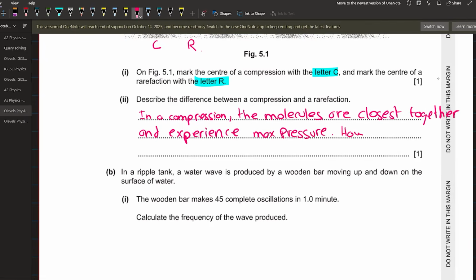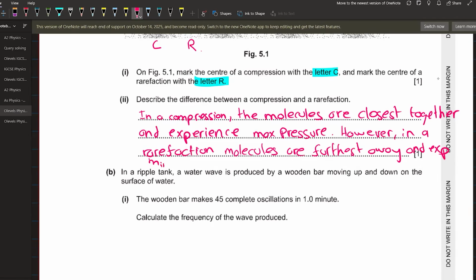However, in a rarefaction, molecules are furthest away and experience minimum pressure. Simple. Let's further move ahead.